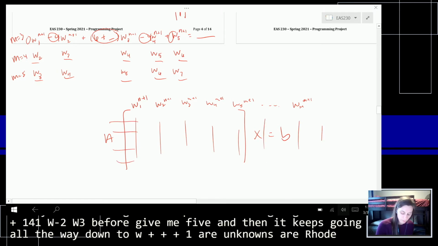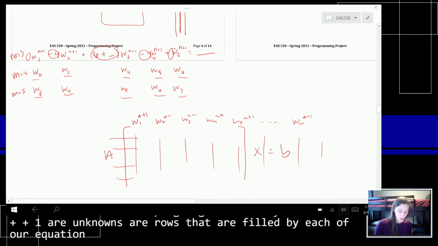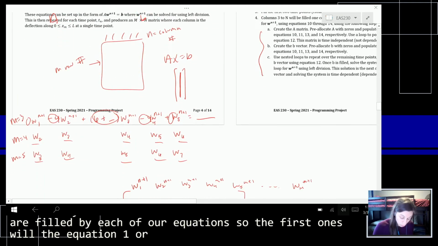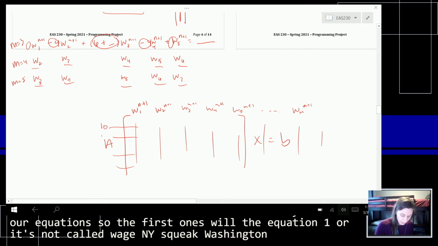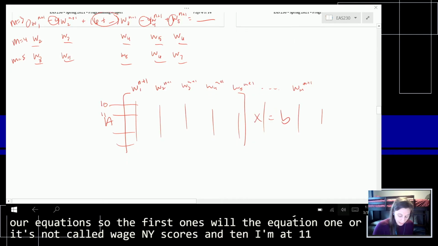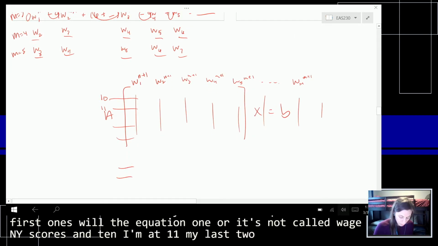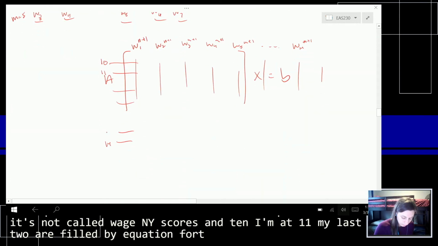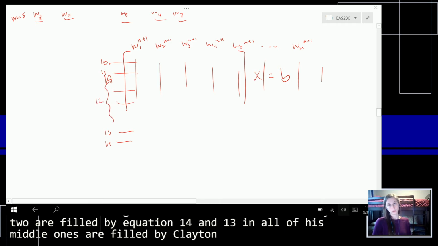Our rows then are filled by each of our equations. This first one's filled by equation 10, and then 11. My last two are filled by equation 14 and 13, and all of these middle ones are filled by equation 12.